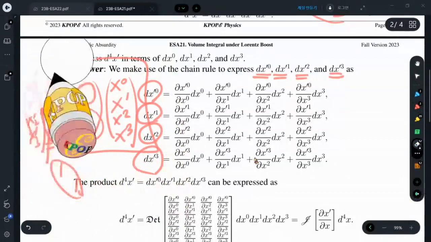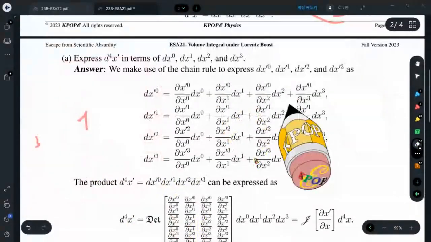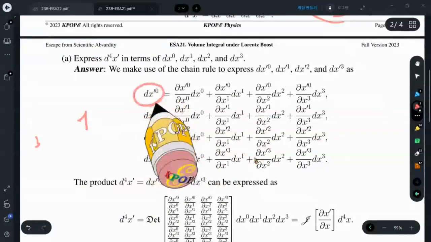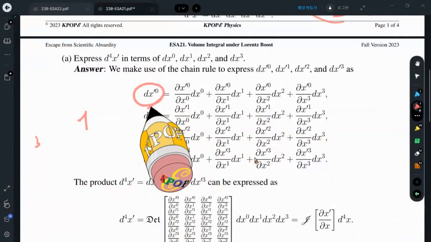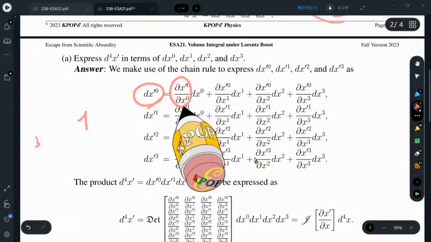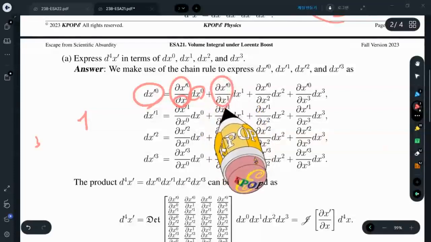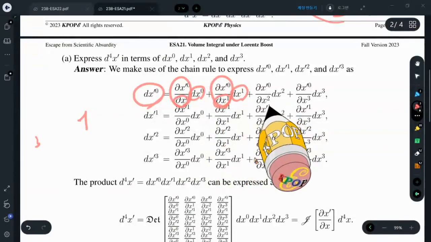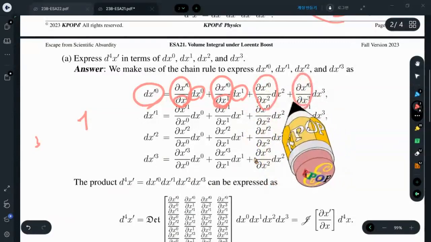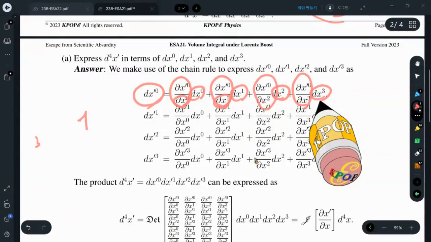In general, if I make use of the chain rule, then the differential of a variable is expressed as the partial derivative with respect to x multiplied by the difference in x, plus the partial derivative with respect to y and z multiplied by the differences in y and z.